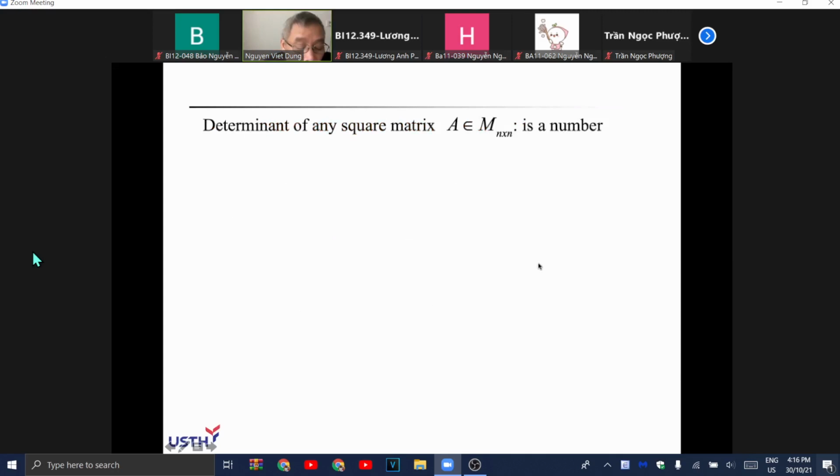So now I go on to define the determinant of any square matrix A. First of all, I need to claim that for a square matrix, the determinant is a number. So whenever somebody asks you to compute the determinant of any square matrix, you need to know it must be a number.